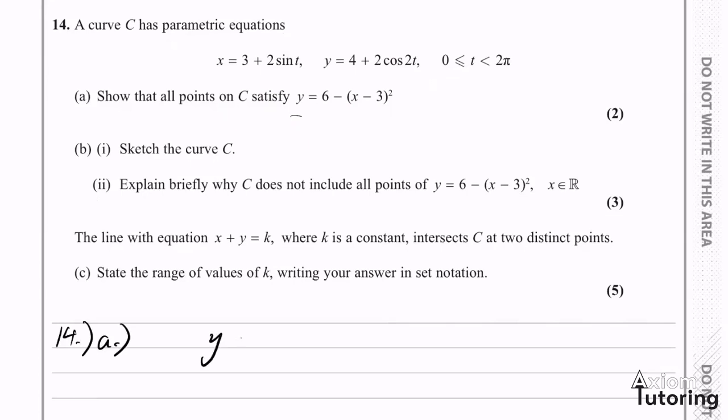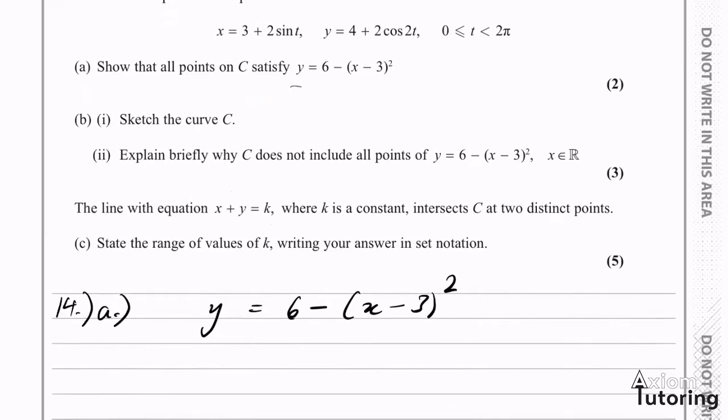So if we're starting with y equals 6 minus (x minus 3) all squared, because we're trying to show that this equation holds, let's now replace x and y with our expressions that define the curve C. So these are our parametric equations. Instead of y, we're going to write 4 plus 2 cos 2t equals 6 minus.